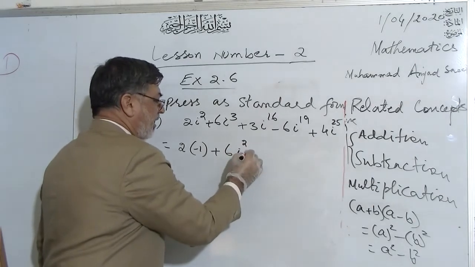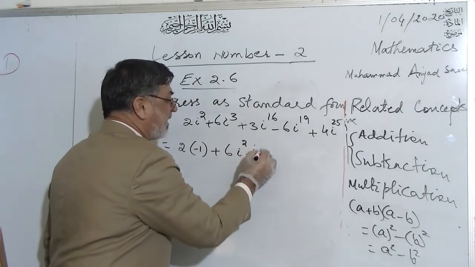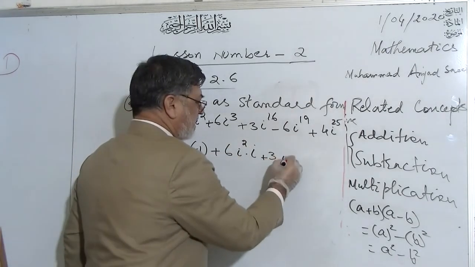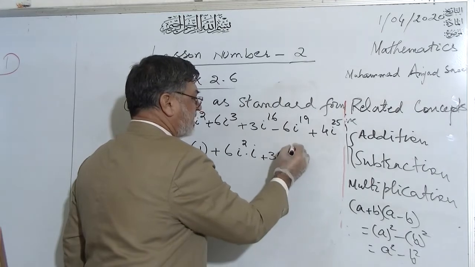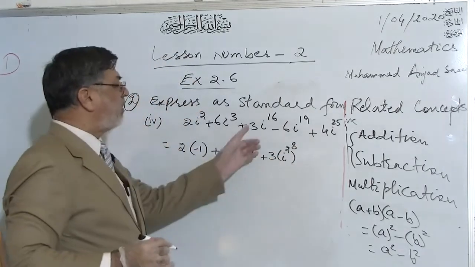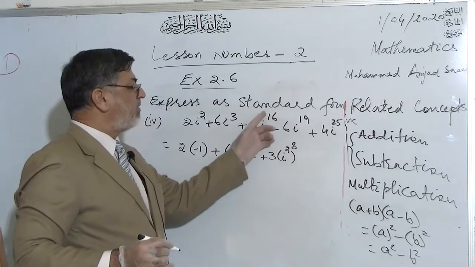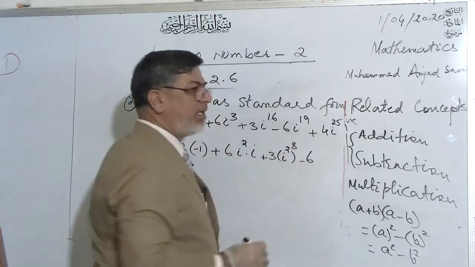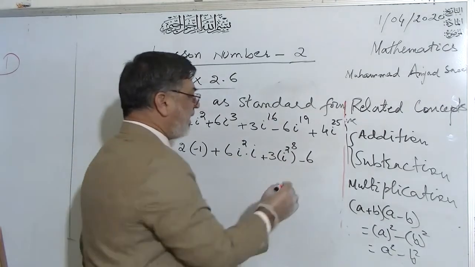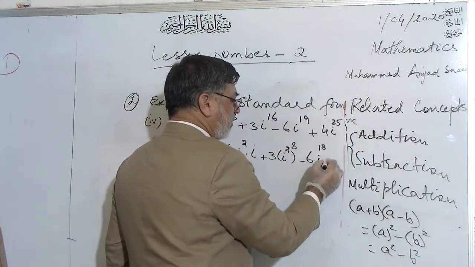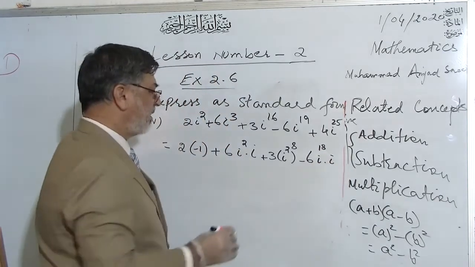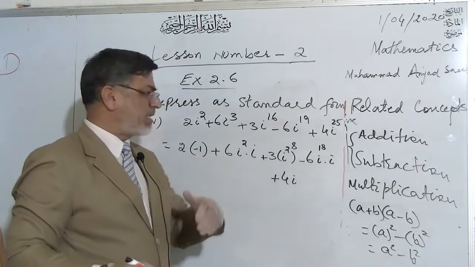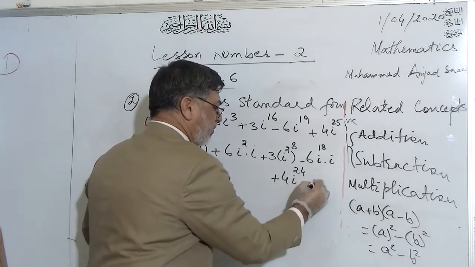You can write iota cube as iota square into iota, plus 3 iota 16 can be written as iota square whole power 8. You know that power over power both are multiplied. Minus 6 iota 19, you can write as iota 18 and iota. And plus 4 iota 25 you can split up as iota 24 into iota.